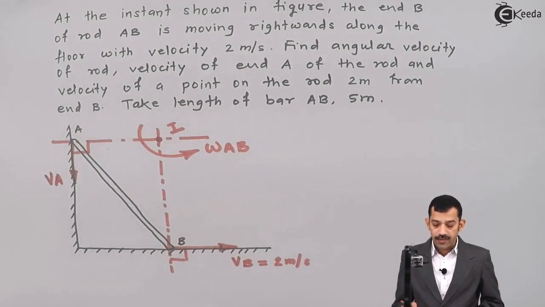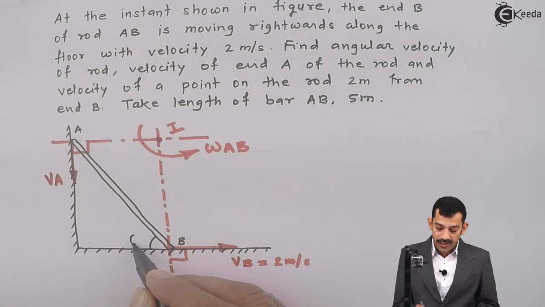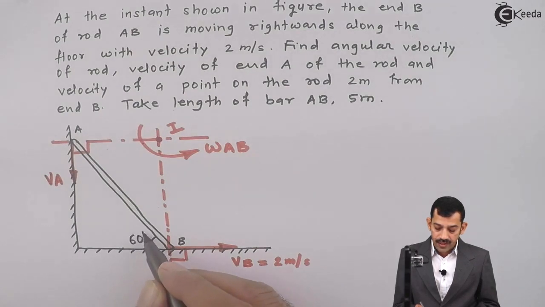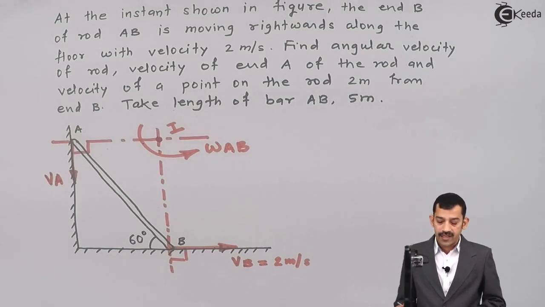Length of bar AB is 5 meters. The inclination of the bar at this instant is also given in the problem, 60 degrees. As this angle is known, we can easily find the lengths IA and IB.